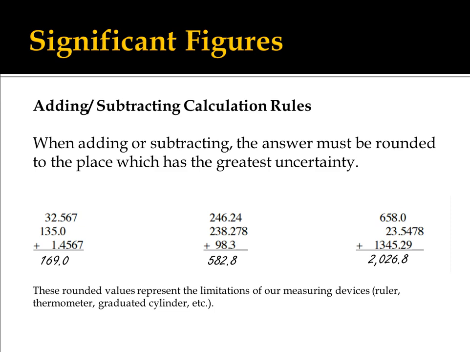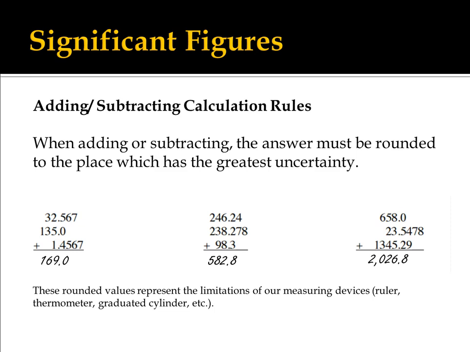And note that the rounded values represent the limitations of your weakest measuring device, your least sophisticated measuring device, whether that be a ruler, thermometer, a graduated cylinder, scale, whatever it is that you're using.